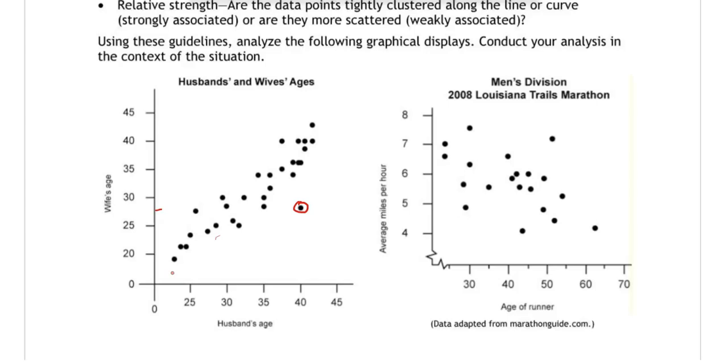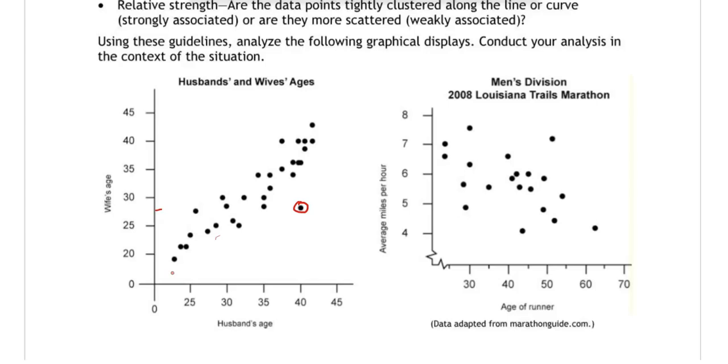But if you're comparing a 50-year-old to a 30-year-old, yeah, the 30-year-old most likely is going to be in better physical capability than the 50-year-old. So what it's showing us here is that as the runner ages, the average miles per hour is going to decrease.